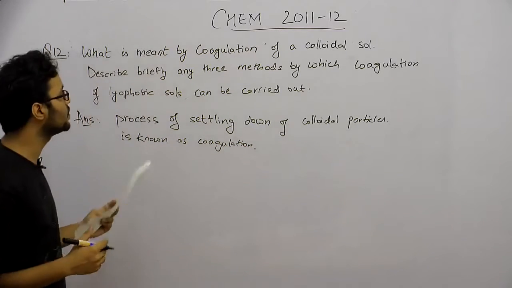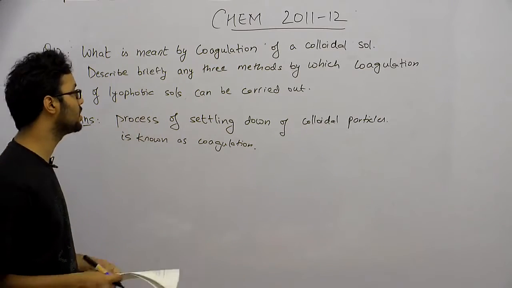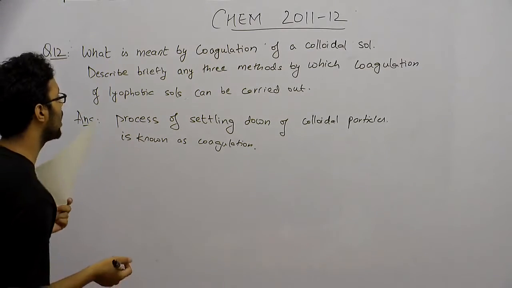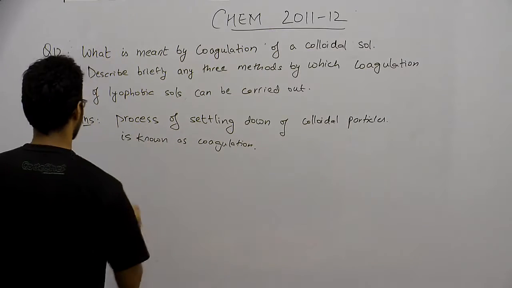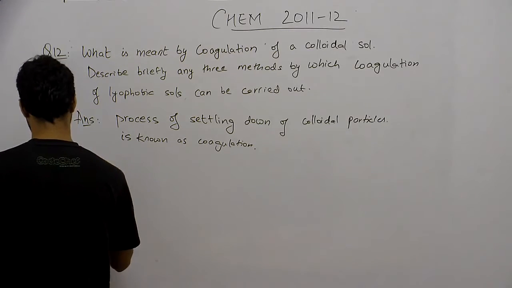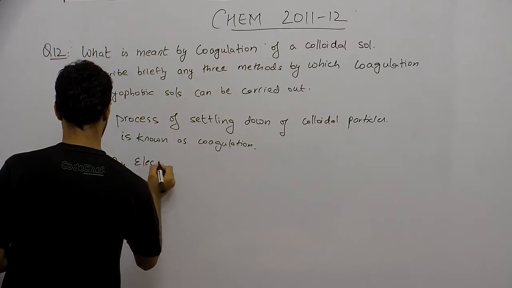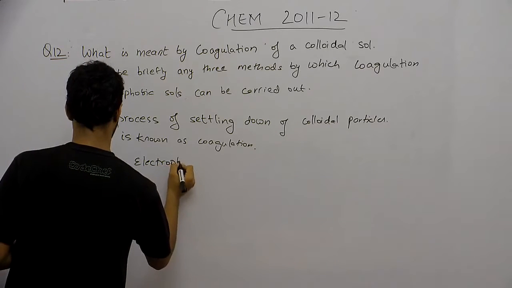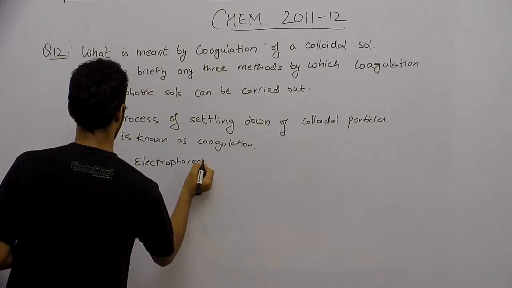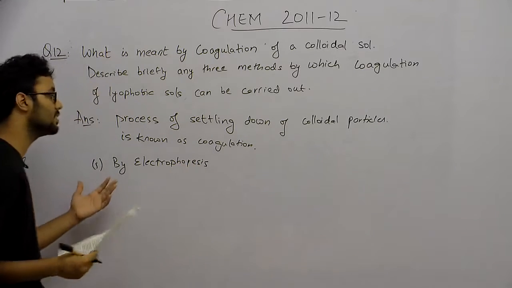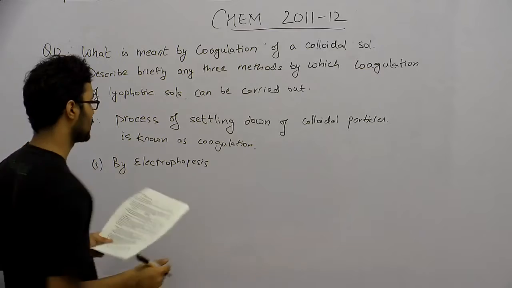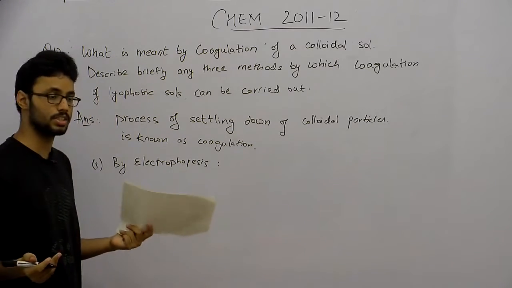So next we have to give any three methods by which coagulation of lyophobic sols can be carried out. The first method is by electrophoresis. So what is electrophoresis?